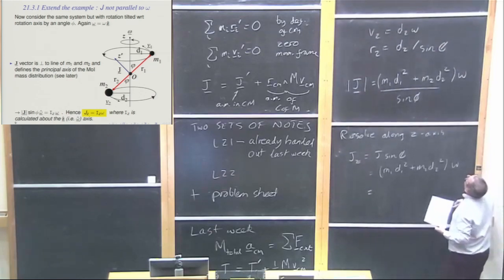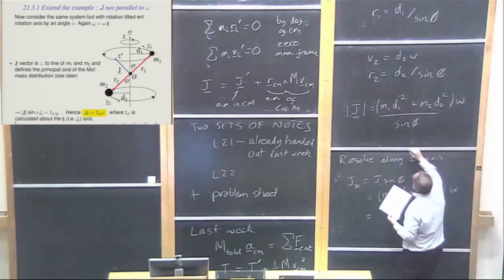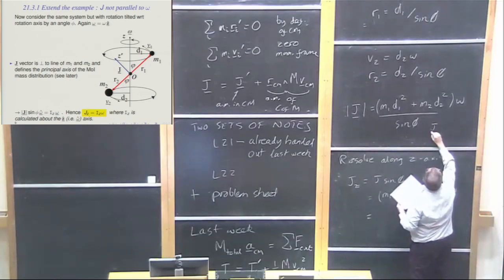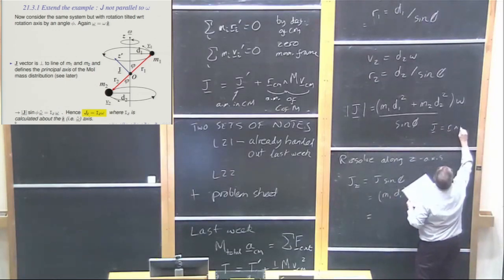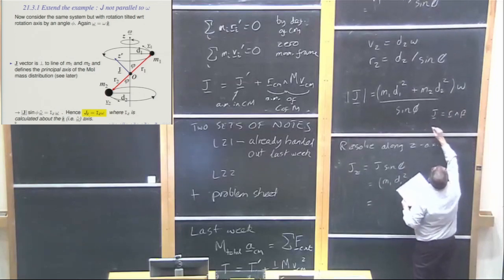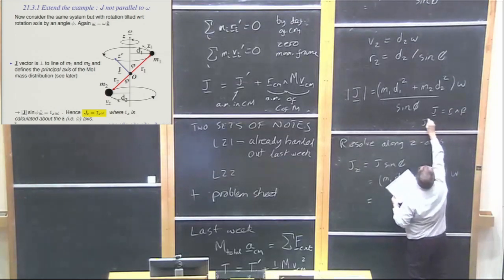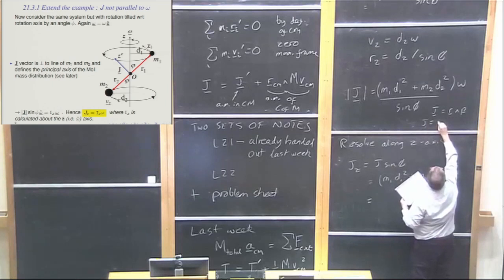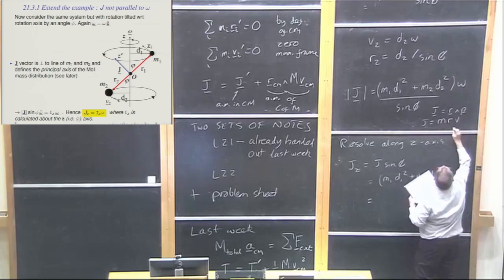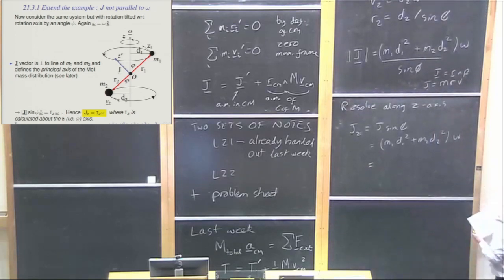Because J is equal to R cross P, and they're at right angles, so the magnitude is M R V. The V brings in a D1 omega, and the R brings a D1 over sine phi.